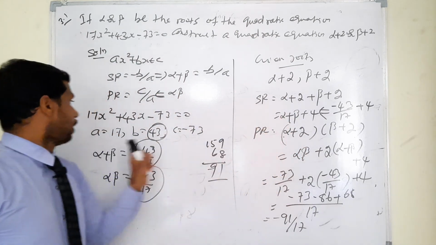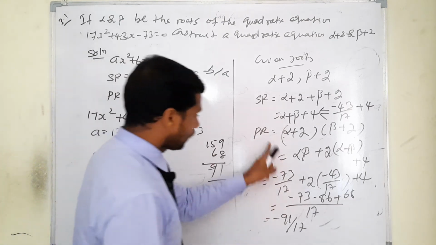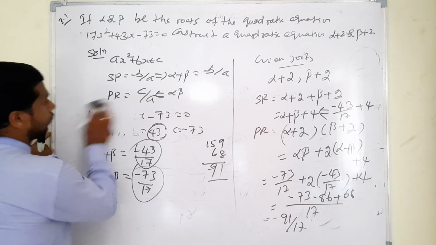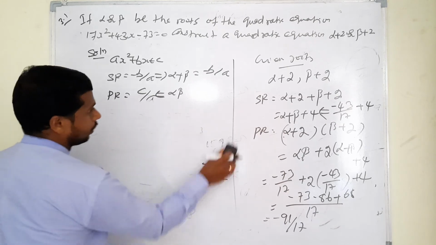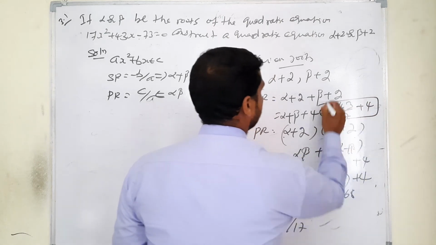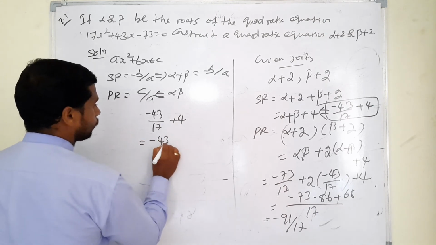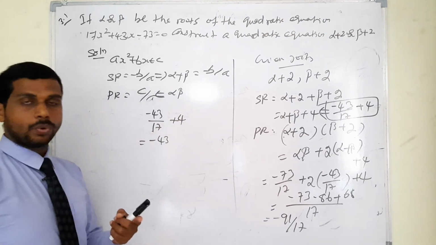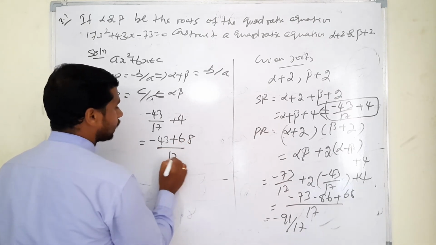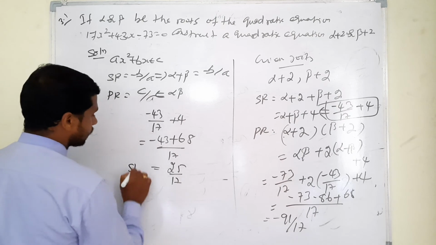We found the sum of the roots is minus 43 by 17 plus 4. Therefore, 17 into 4 means 68. 7 4s are 28, 28 plus 40 is equal to 68. Okay, minus 43 plus 68 by 17 is definitely positive 25 by 17, isn't it? Positive 25 by 17. This is the sum of the roots.